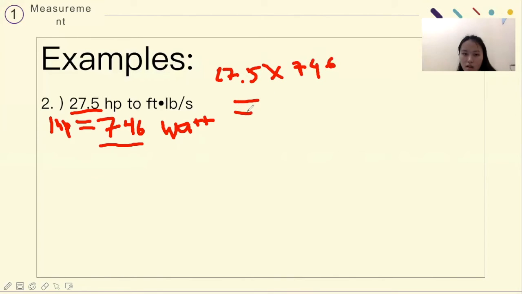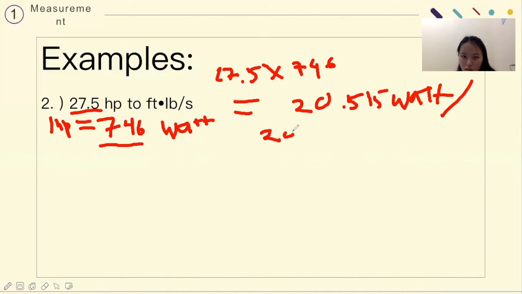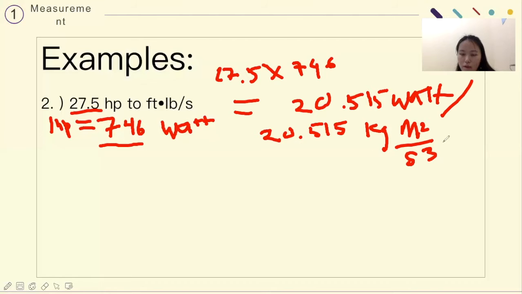Press it on your calculator and you will get 20,515 watt, or 20,515 kilogram meter square over second raised to 3. So 1 watt is actually equal to 1 kilogram meter square over second raised to 3, so it's actually the same.